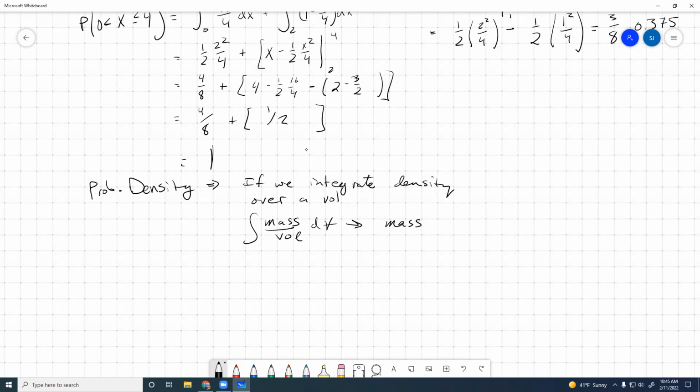You end up with mass. So we take the density of something, integrate it over the volume, and you end up with that mass. This is the analogy: if you integrate over the probability density function, you end up with essentially probability or probability mass. Not the best analogy, but that's kind of what's behind it.